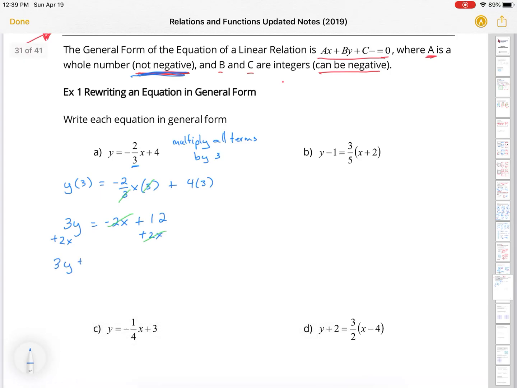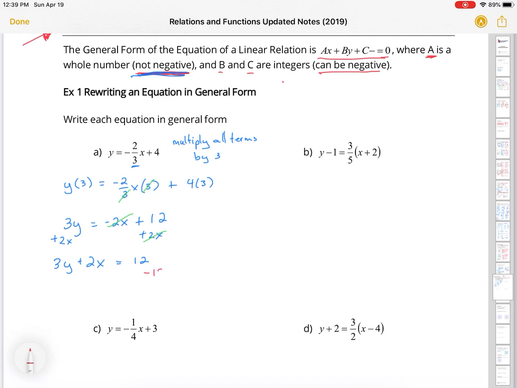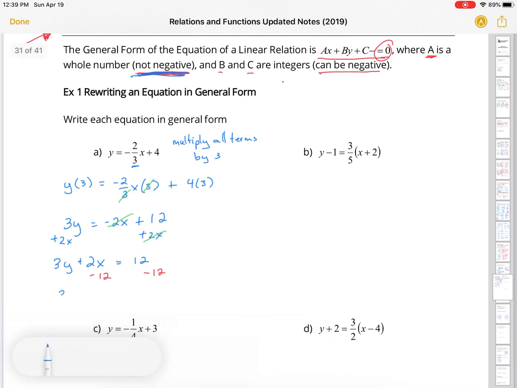And so we're going to get 3y plus 2x equals 12. And now we're going to subtract 12 from both sides, because we want to get this equals 0 over here. Okay, so when we do that, we get 3y plus 2x minus 12 equals 0.